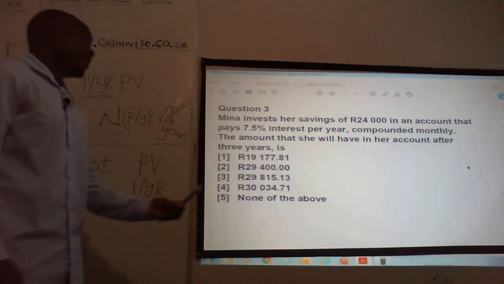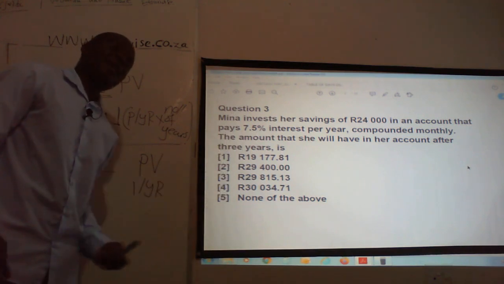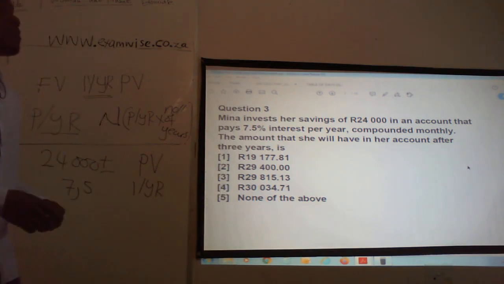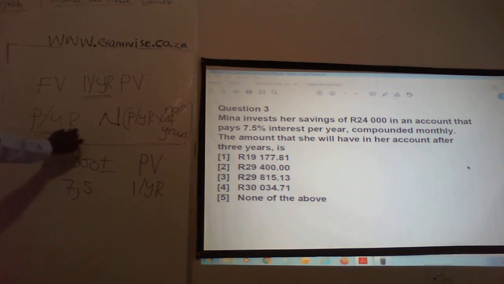And then they said compounded monthly. If they are saying compounded monthly, it means that interest is calculated every month. So the number of times interest is calculated per year, or per annum, is 12, since we have 12 months in a year. So we have our P over YR.